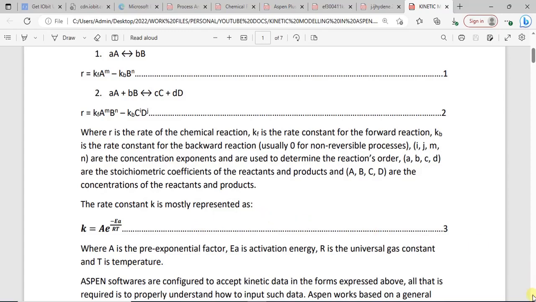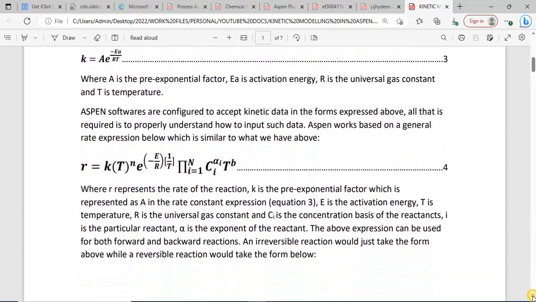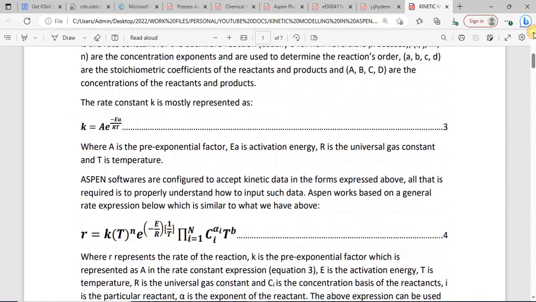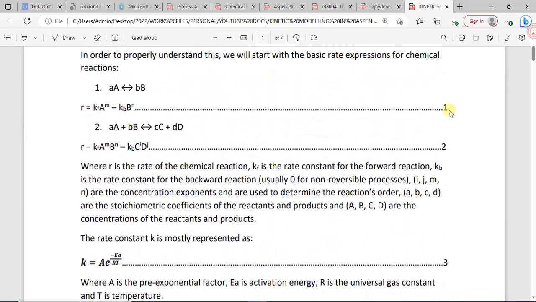Moving on, Aspen software accepts kinetic data in a configuration similar to what we have stated based on the rate constant and the rate expressions for the reactions above.